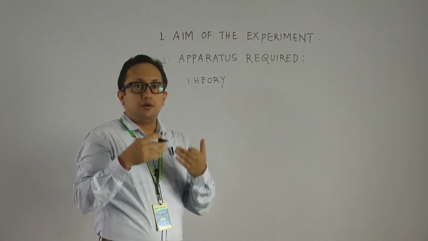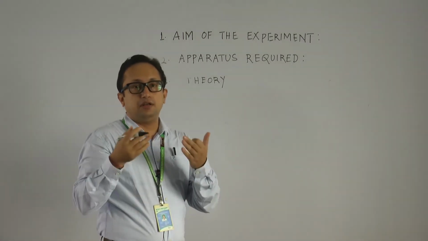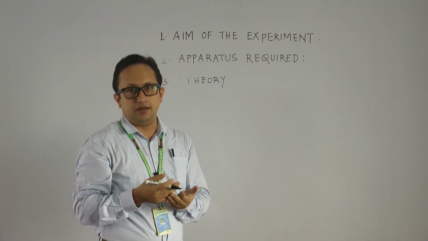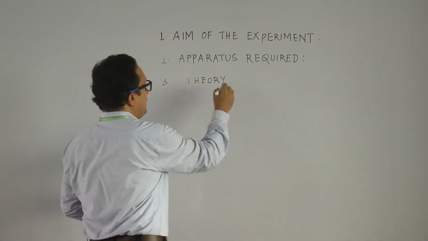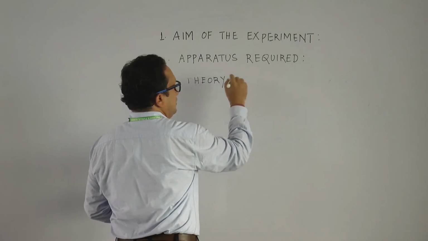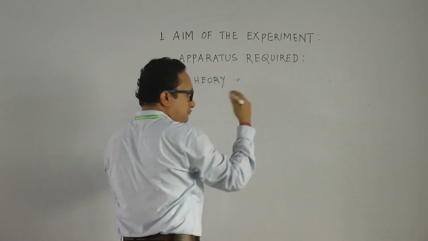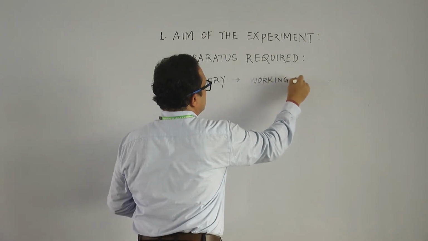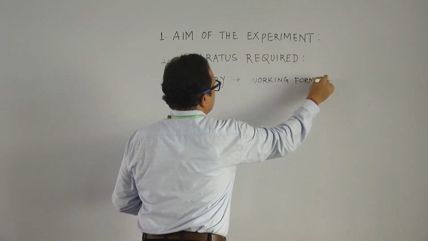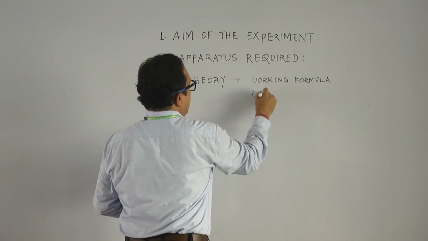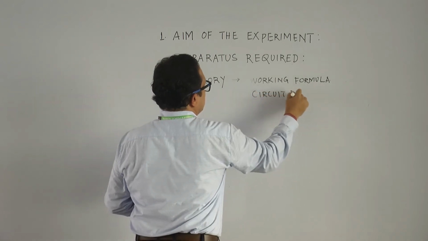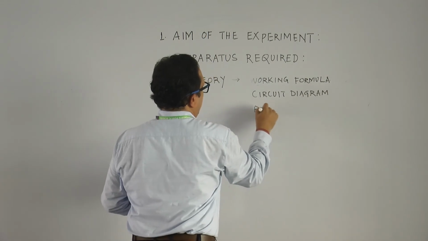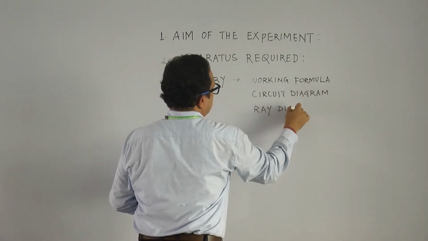If it's an optical experiment, then it should be accompanied with a proper ray diagram. So under theory, you have the necessary formula, working formula, circuit diagram, and/or relevant ray diagram.